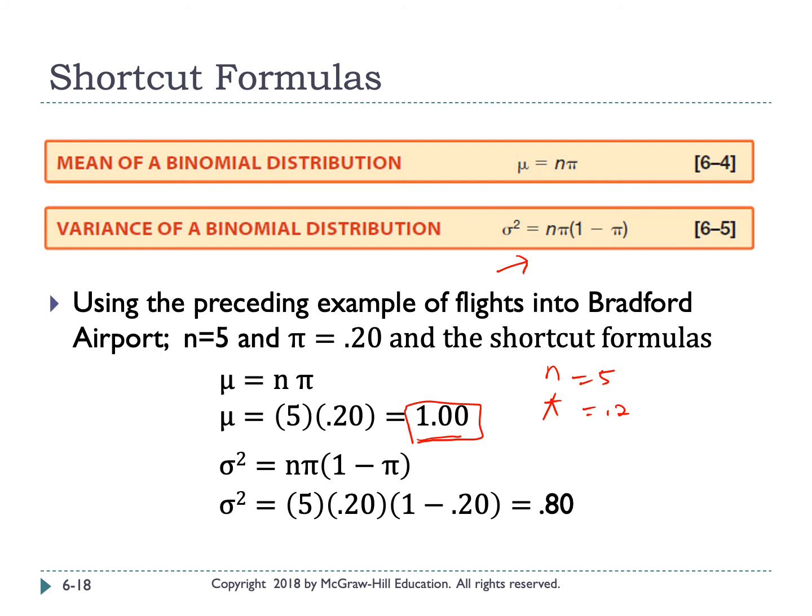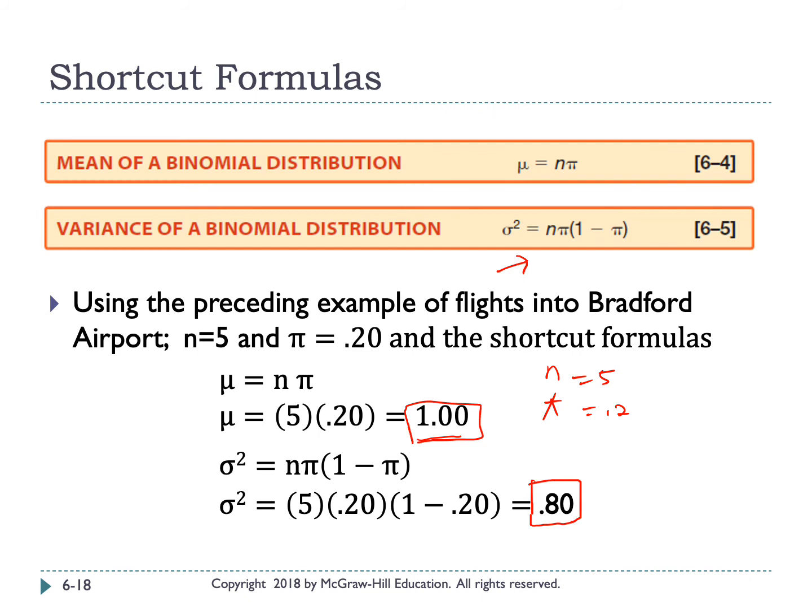And if you want to compute the variance, you know how long the formula for variance is. But the formula here is n multiplied by pi multiplied by 1 minus pi. So you should get straight away 0.80. This can save a lot of your time, so try to be smart.